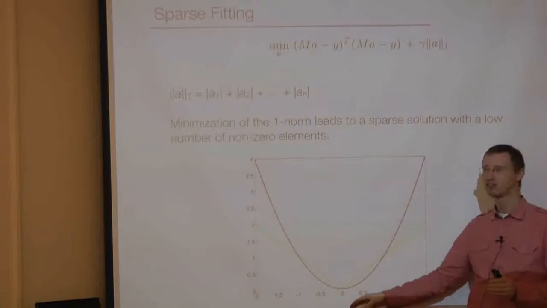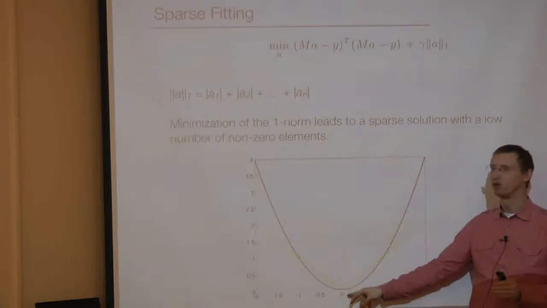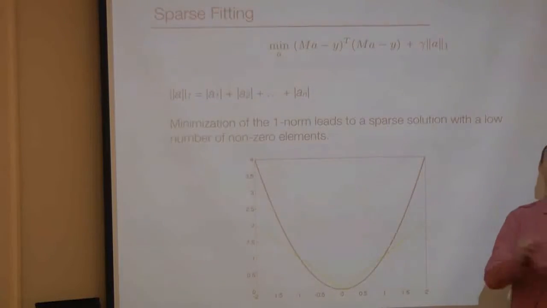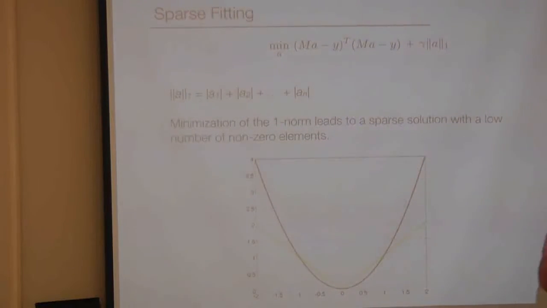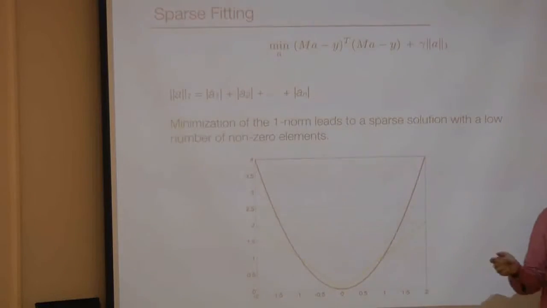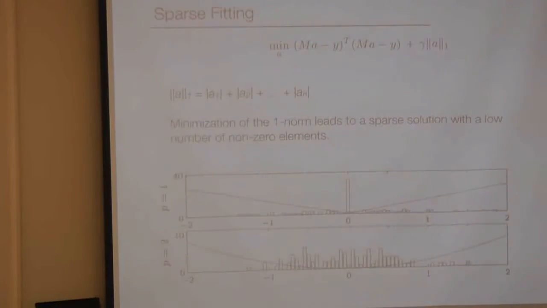So if the numbers are, say, between minus 0.1 and 0.1, after you square the number, for any number in the interval you basically obtain a 0, or something really close to a 0. However, with the one norm, each non-zero value would be penalized, and that's why the solutions tend to give a large number of zero elements.